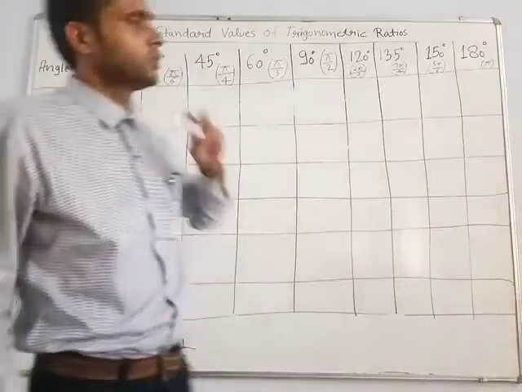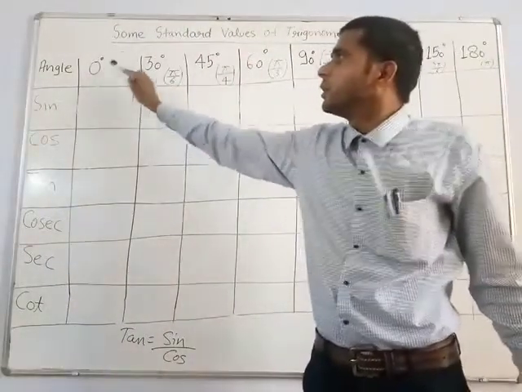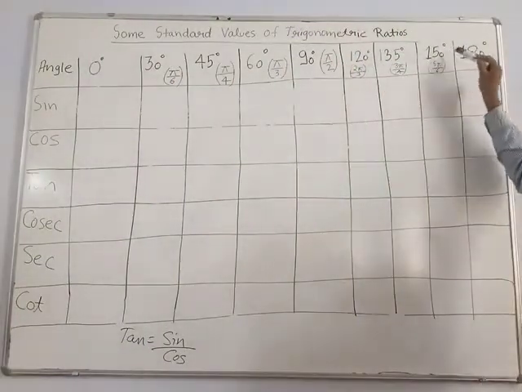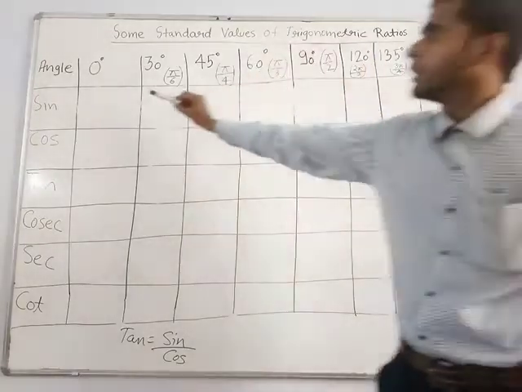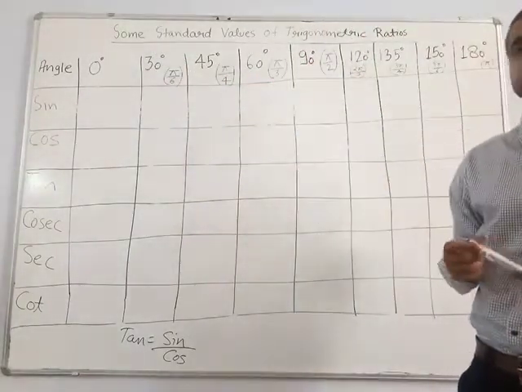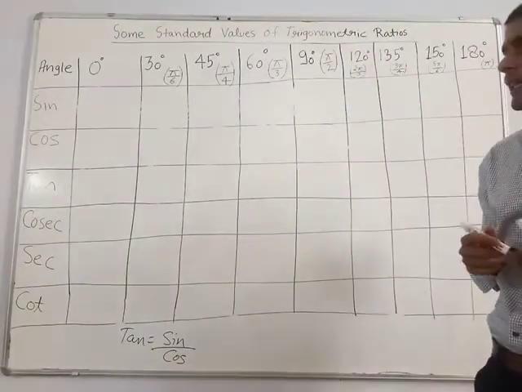Some standard values of trigonometric ratios: 0 degree, 30 degree, 45, 60, 90, 120, 135, 150 and 180 degree. So sin 0, you have to find all values. Trigonometric ratio means all values: sine, cos, tan, cosec, sec and cot.